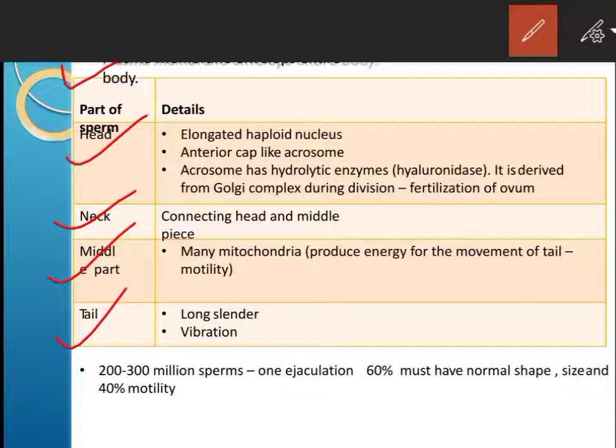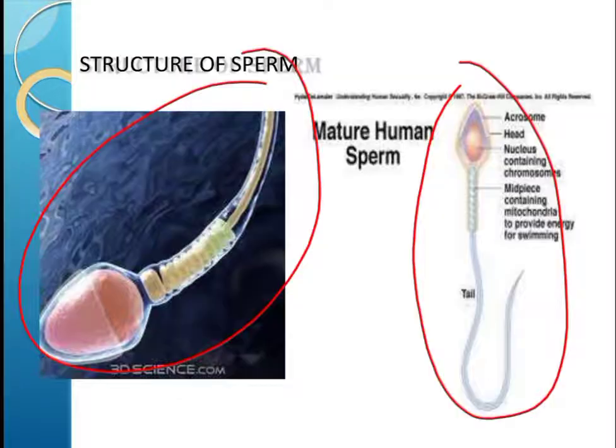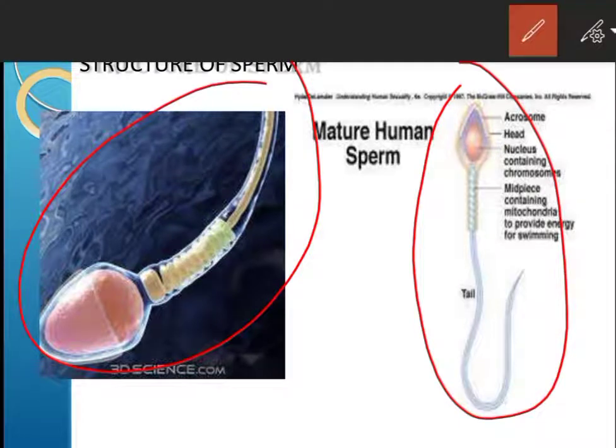The acrosome lies at the tip of the nucleus and is formed from the Golgi complex. It contains the hydrolytic enzyme and is used to contact and penetrate the egg during fertilization. Let me show you it in the figure. Here, if you see in this diagram, this is the acrosome.